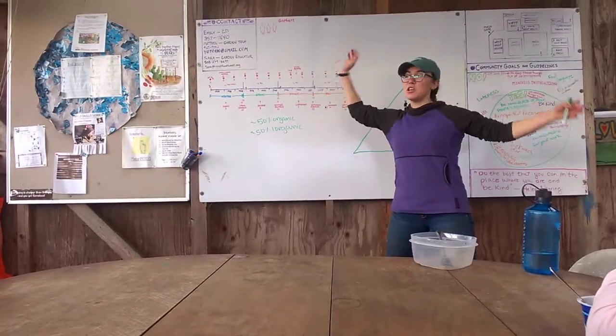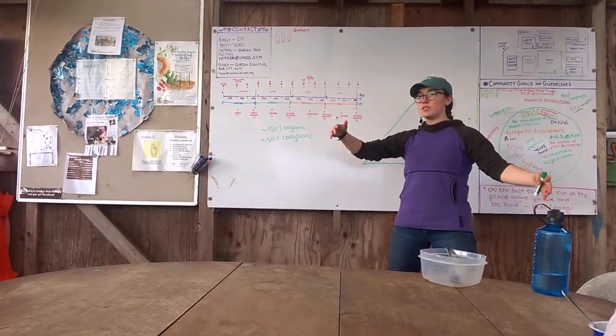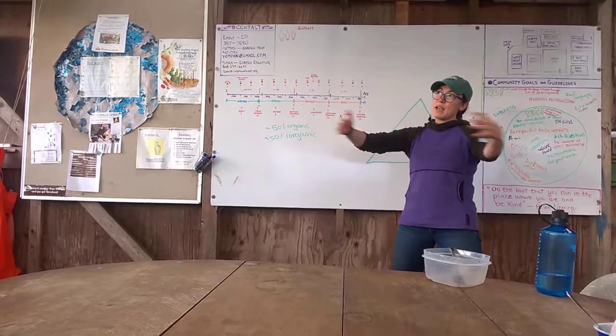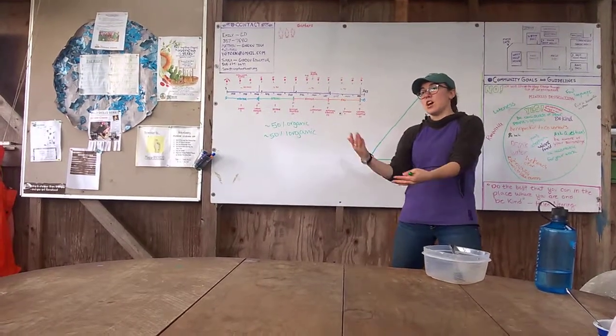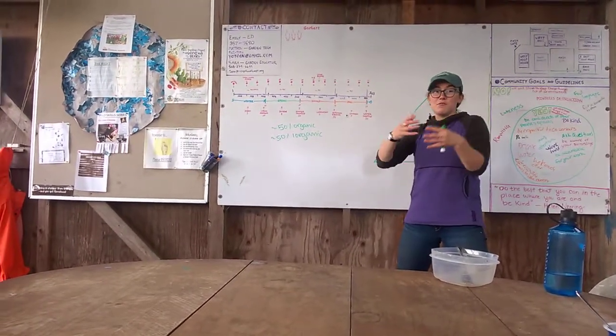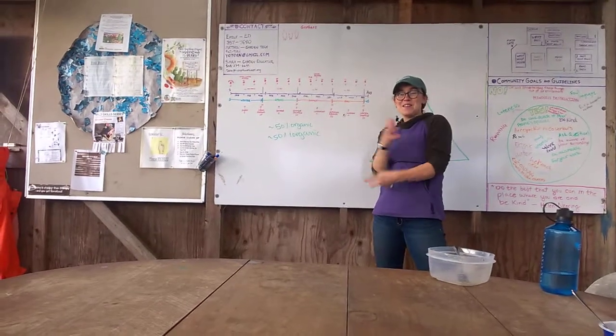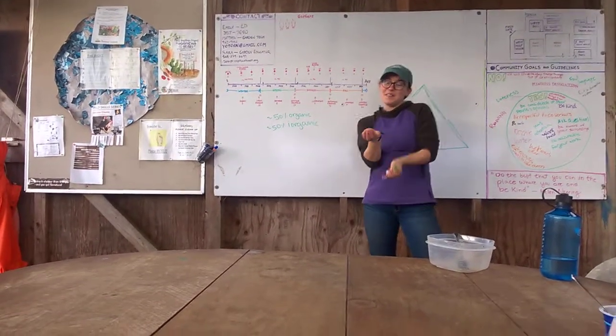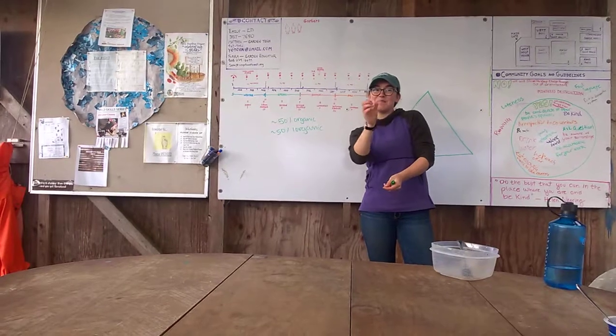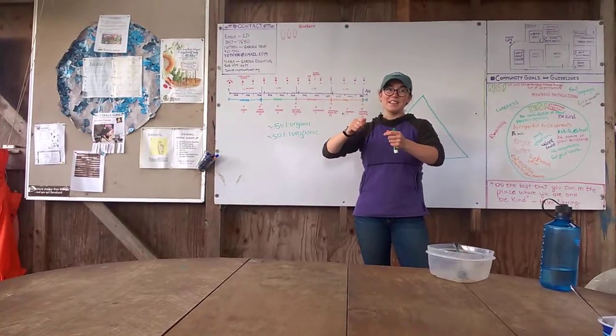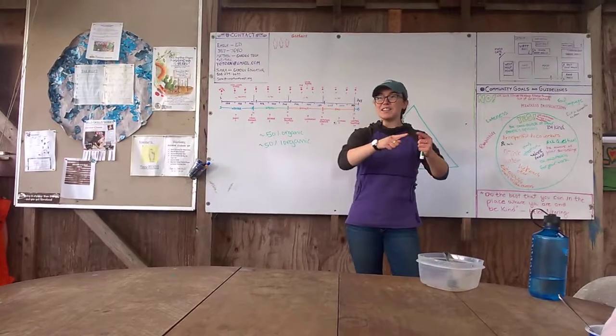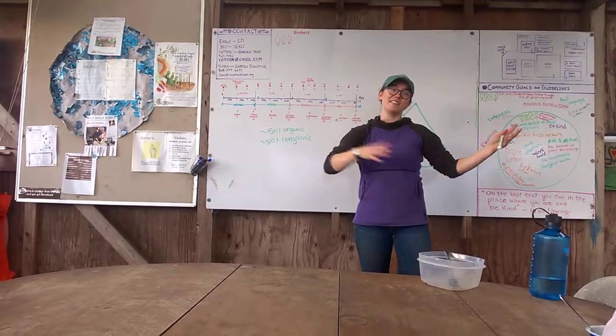The rocks turn into huge boulders, smaller boulders, big rocks, which I guess you could call tiny boulders, regular sized rocks, small rocks, little tiny rocks, pebbles, sand, silt, clay. And that's as small as it gets.